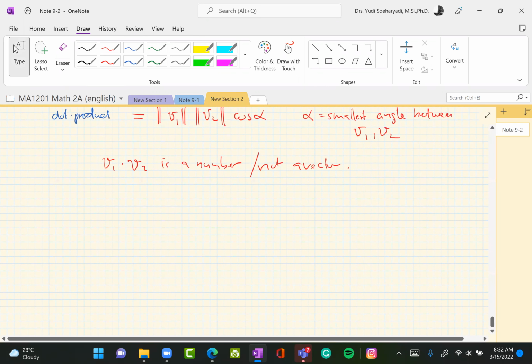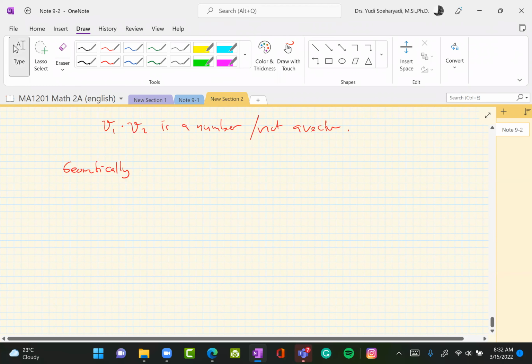So what does it mean geometrically, in the plane?